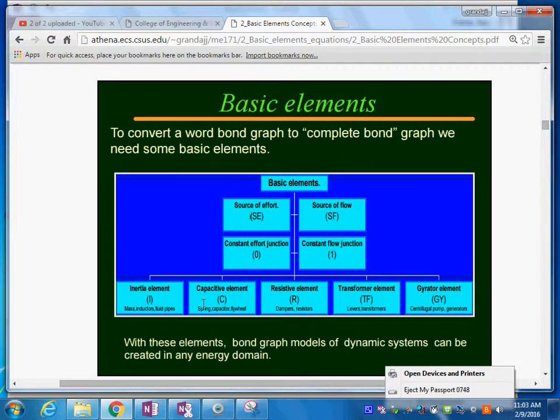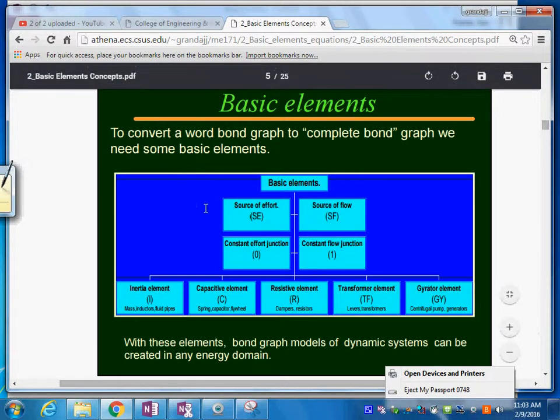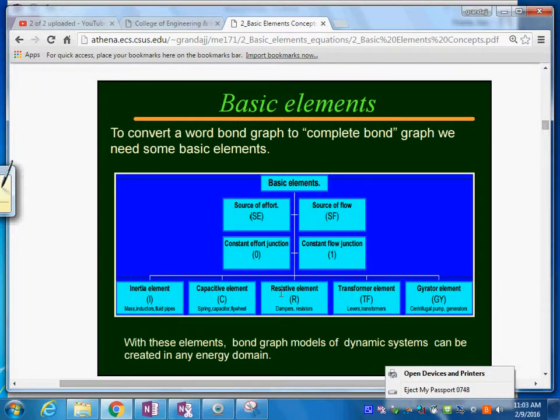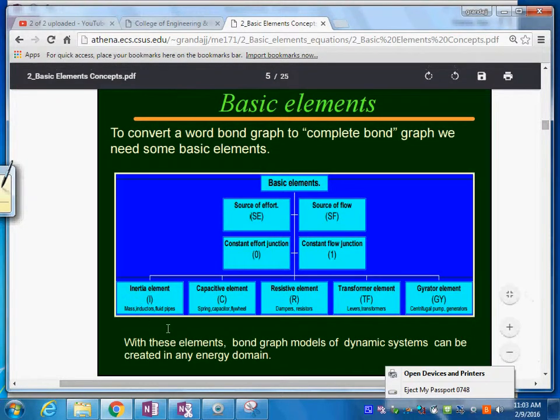Then we have this R element that allows us to dissipate energy. So you see the three elements, the I, C, and the R, have very unique and distinct functions in a system. I elements store kinetic energy, C elements store potential energy, R elements dissipate energy. And each one acting in a system becomes an important thing.